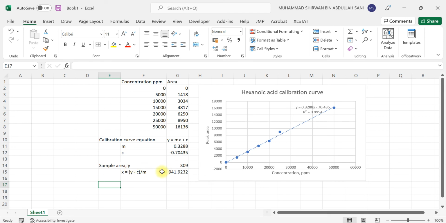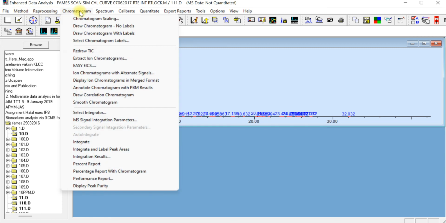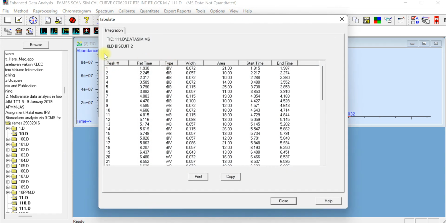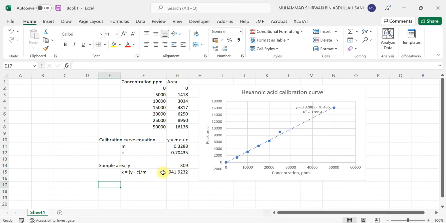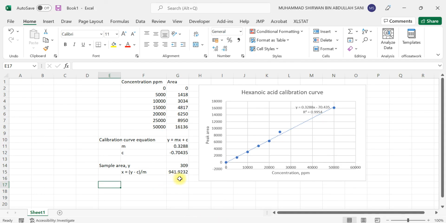So when we identify the area of hexanoic acid in this biscuit sample, we get at 10.126 minutes the area is 309. So we put 309 here, and by using this formula, x equals y minus c divided by m, we get the concentration of hexanoic acid in this biscuit, which is 941.9232 ppm.